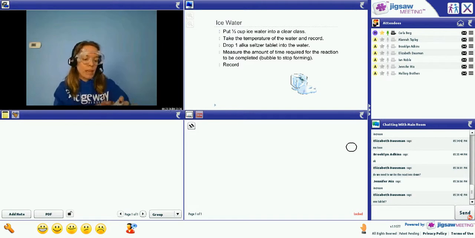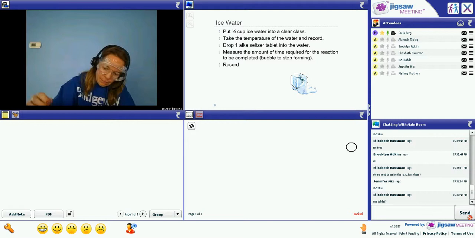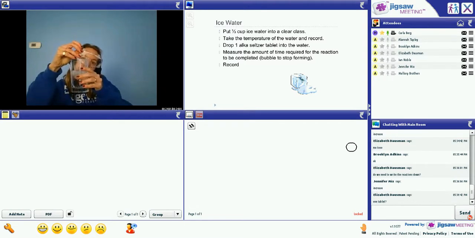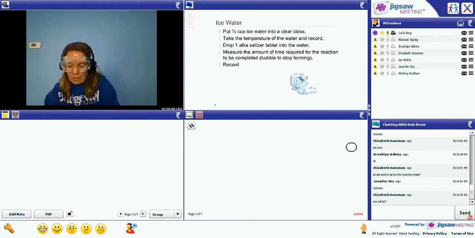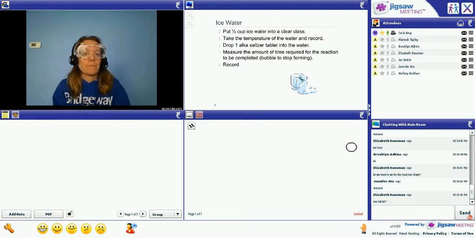If the temperature is still dropping and your red line is moving on your thermometer, make sure you wait until it's at a constant temperature. The temperature of my ice water is 7 degrees Celsius.